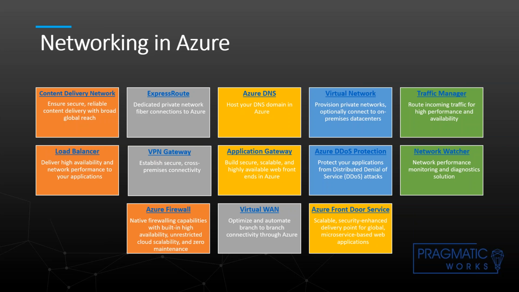We mentioned earlier load balancing. Obviously, that's a native type of a situation there, and as well as the Azure Front Door service. So you got scalable, security enhanced, deliverable for microservices, right? That's what a lot of organizations are pivoting to, microservices.